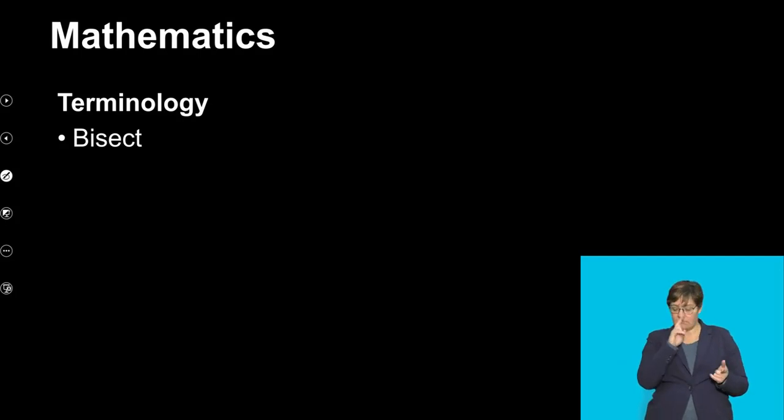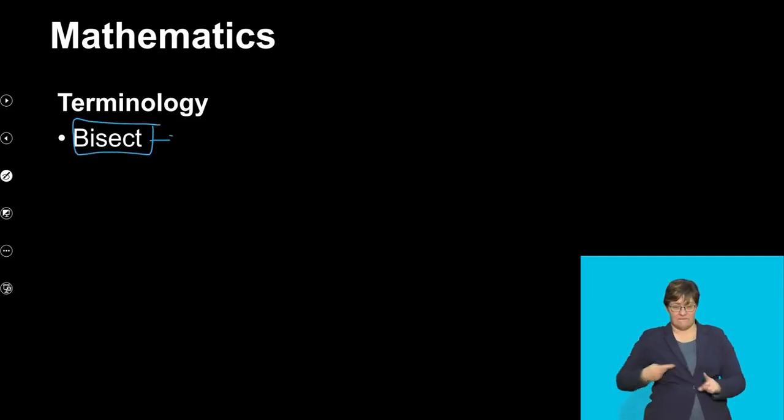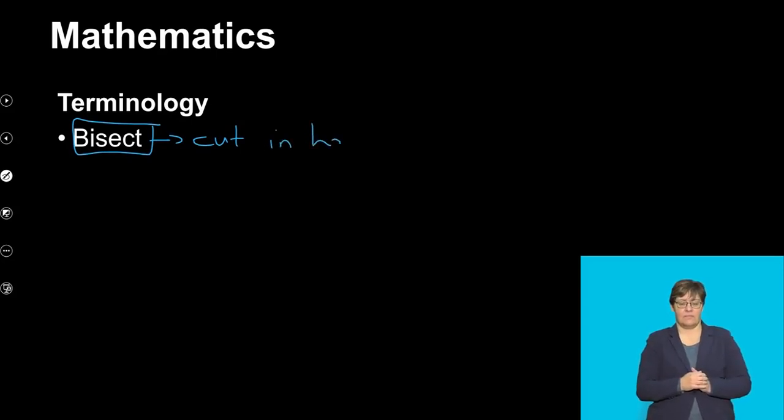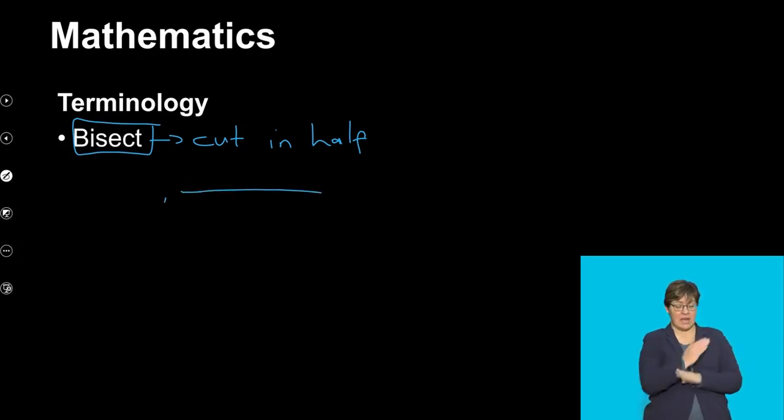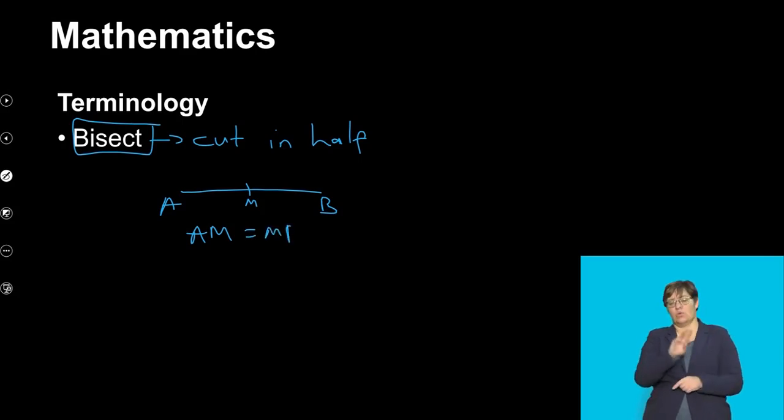Now, the terminology that they use under this concept of riders is what you call the bisect, right? The word to bisect means to cut in half, right? So if a line is bisected, it means that AB being bisected here, it will make AM, let's call this M, equal to MB, right?